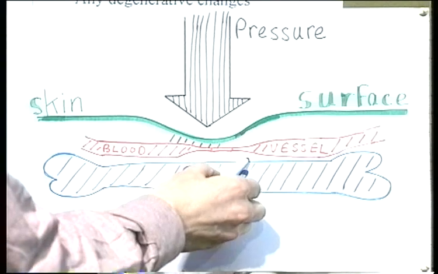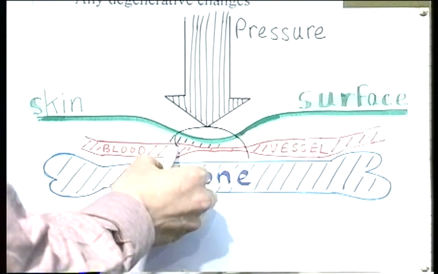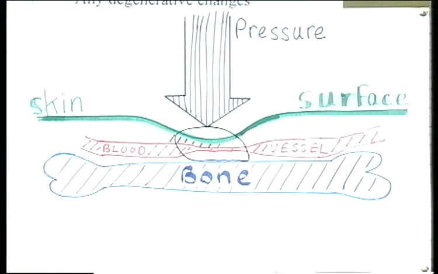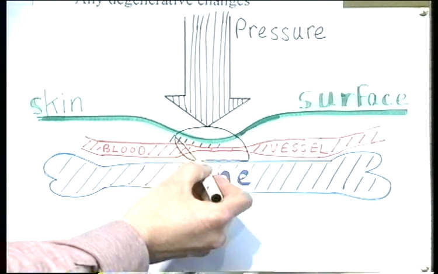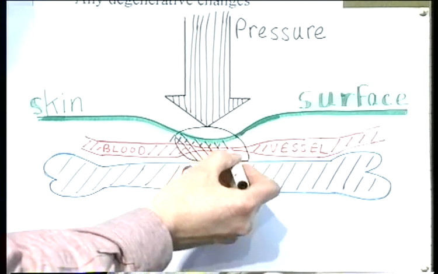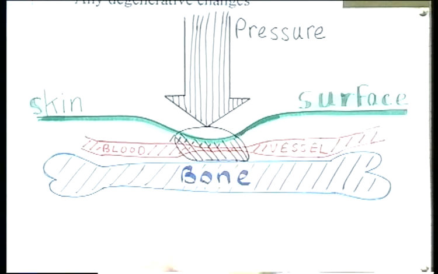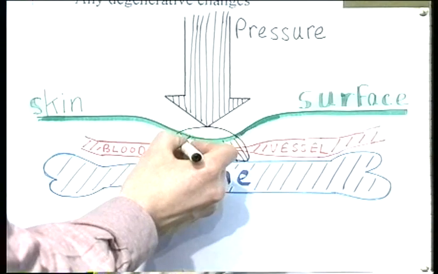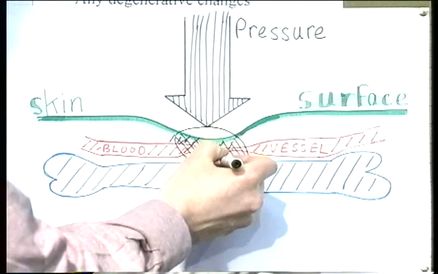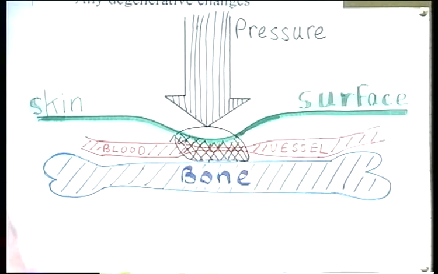So the blood supply to this area will be reduced, if not cut off altogether, and that will lead to degeneration of this tissue, and pressure sore formation, as this tissue starts to die because it's been deprived of its blood supply, because it's under pressure.